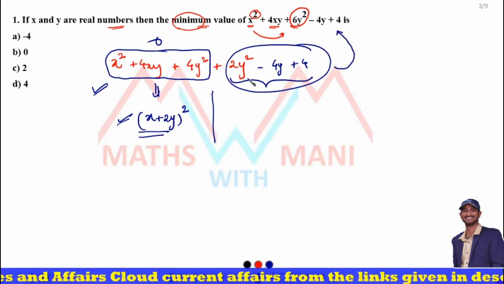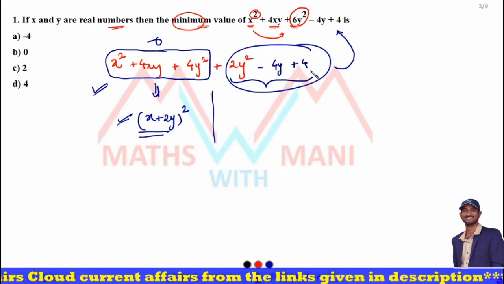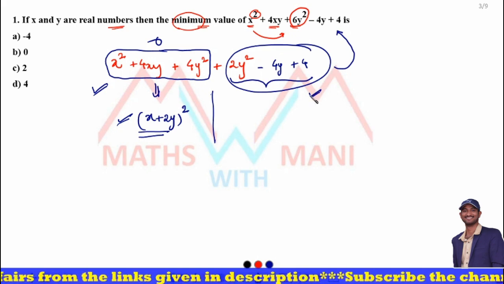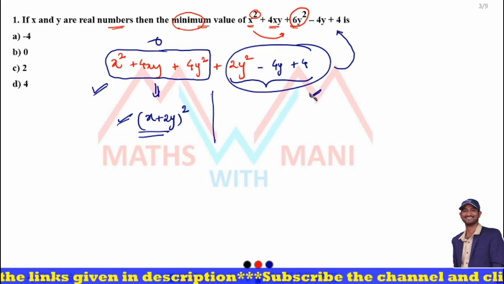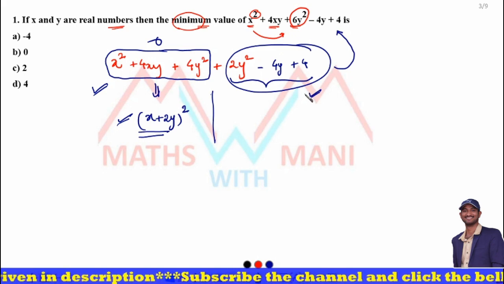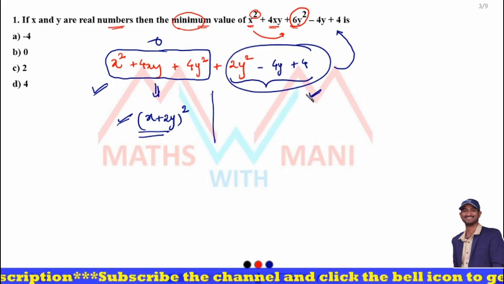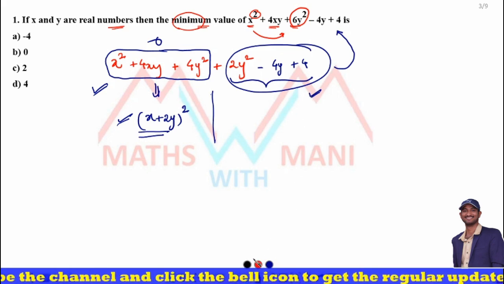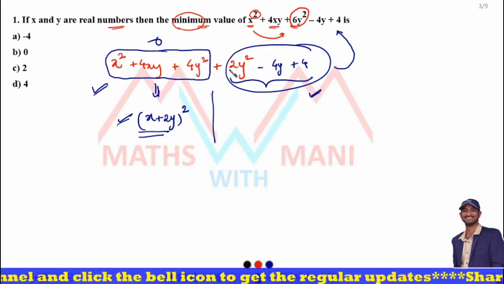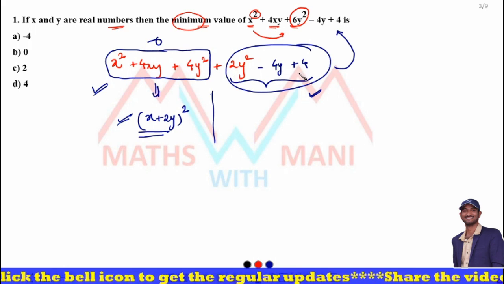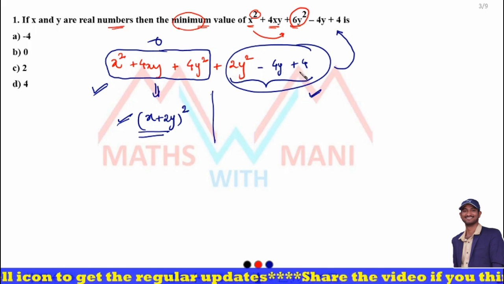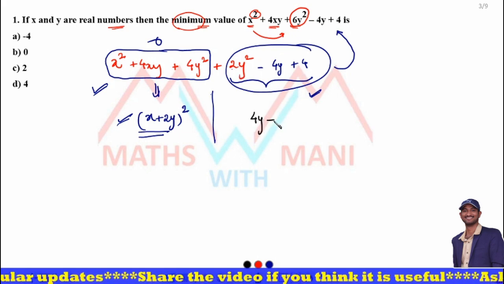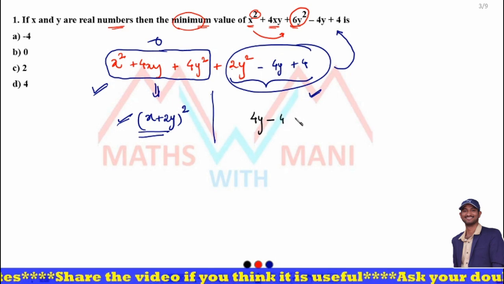So 2y square minus 4y plus 4 is a quadratic expression in the single variable y. You can directly apply the formula, or you can find the minimum value of a quadratic expression using differentiation. Differentiating 2y square minus 4y plus 4 with respect to y: 2y square gives 4y, minus 4y gives minus 4.